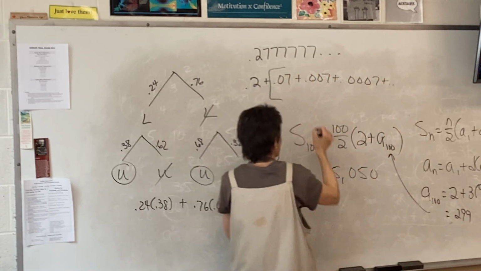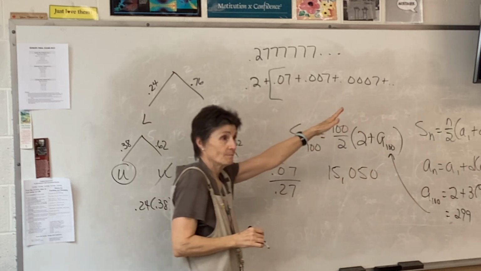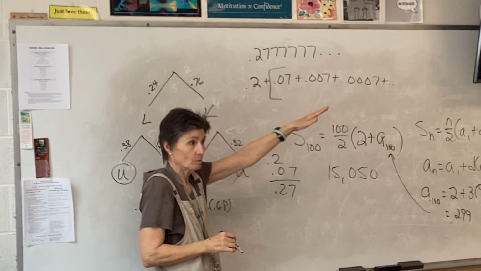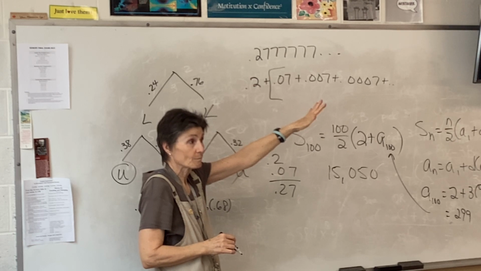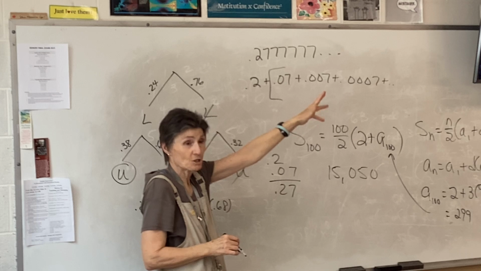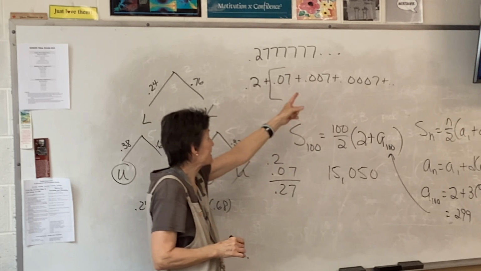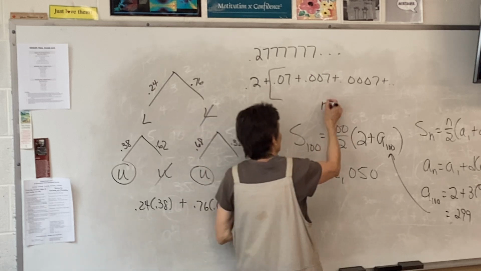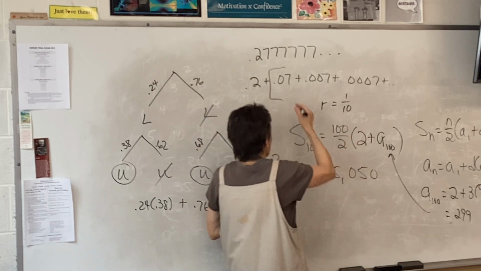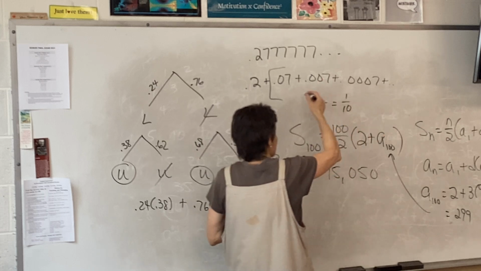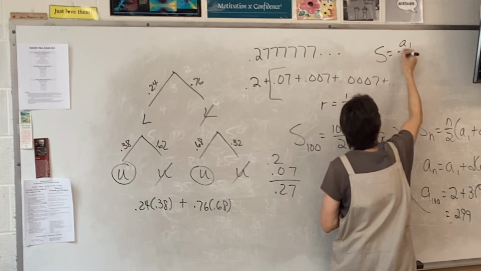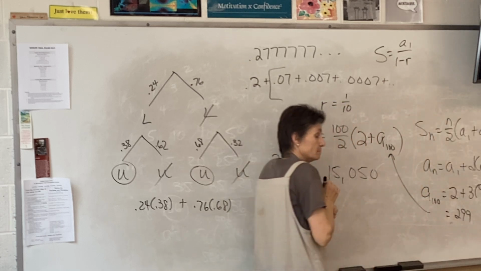All of this is geometric. Right? What's the ratio? 1/10. The ratio is 1/10. I'm dividing by 10 each time, so multiplying by 1/10. This part is summable using my infinite geometric sum formula.